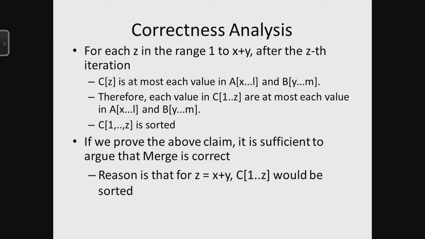Remember that z is the iteration number. It is sufficient to prove the above claim, because this proves that the merge algorithm is correct. When you take z equal to L plus m, the array C of 1 to z is sorted, that is, the whole array is sorted, because z takes values from 1 to L plus m.